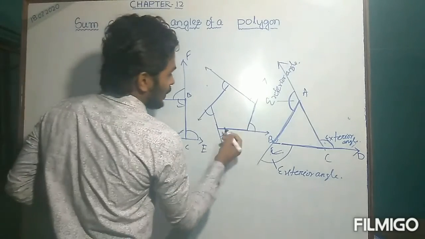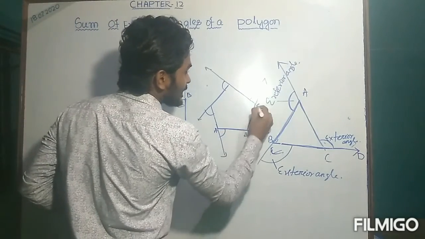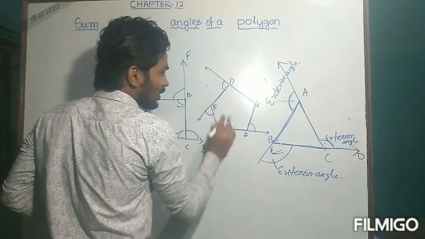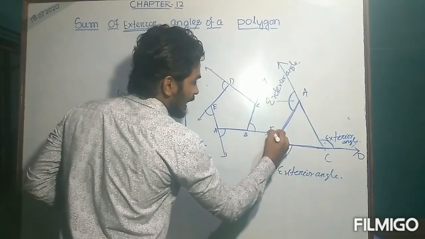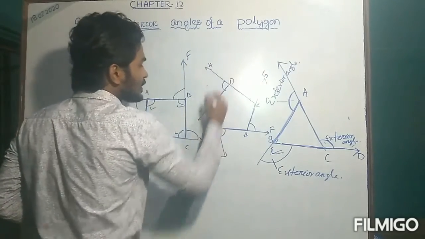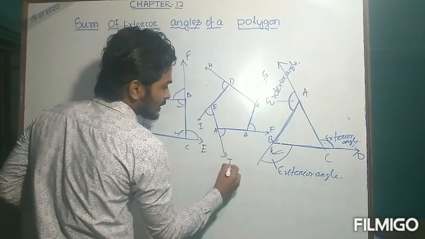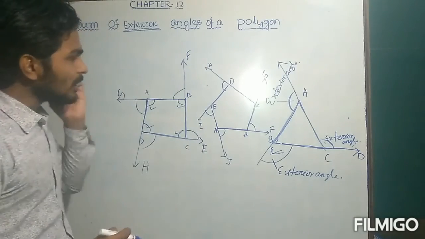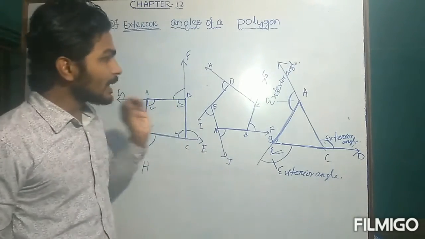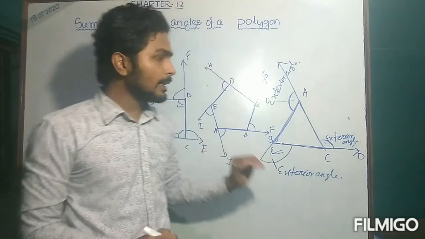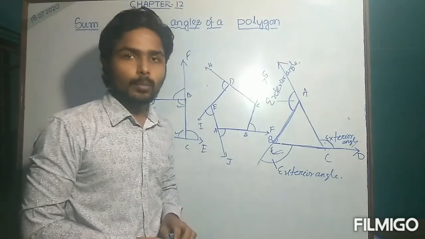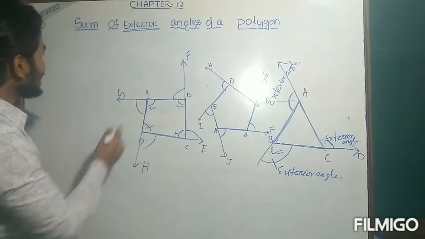Okay, so you can name it A, B, C, D, E. This is the pentagon. Then this is F, G, H, I, J. So from all this figure we get that the number of exterior angles is equal to the number of sides of a polygon. Okay, so I am writing this.